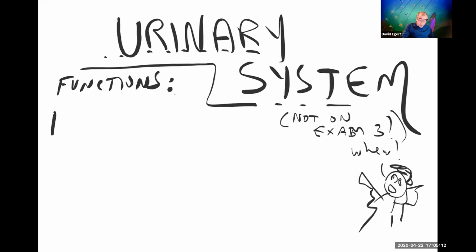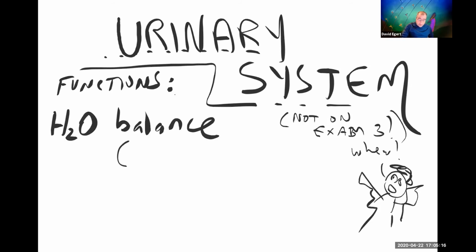So a big part is water balance, and water balance is also basically blood volume. A big part of the urinary system is holding on to or letting go of water based on your body's needs, how much you've been drinking, and what your set point should be.